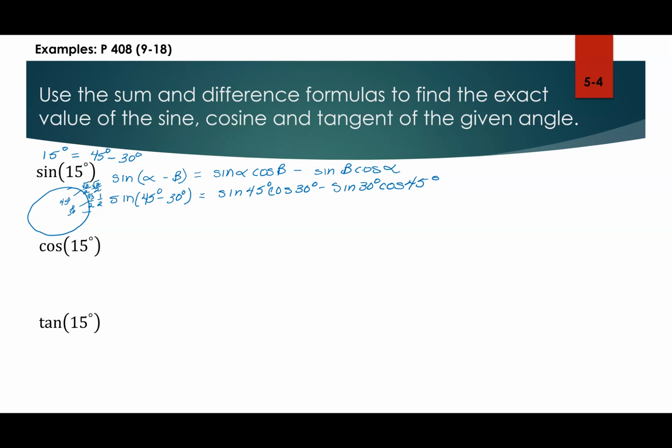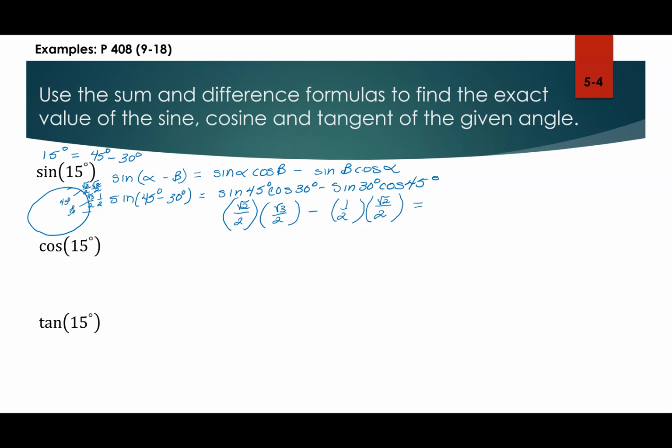Now, sine is your y value, so the sine of 45 is square root of 2 over 2 times cosine of 30, square root of 3 over 2, minus sine of 30, 1/2, times cosine of 45, square root of 2 over 2.